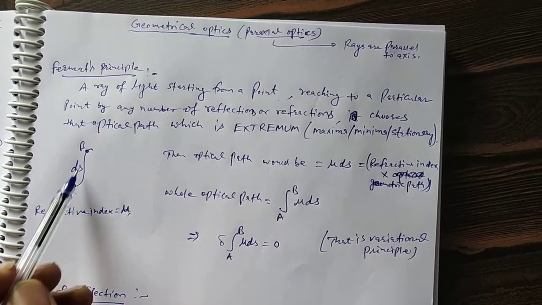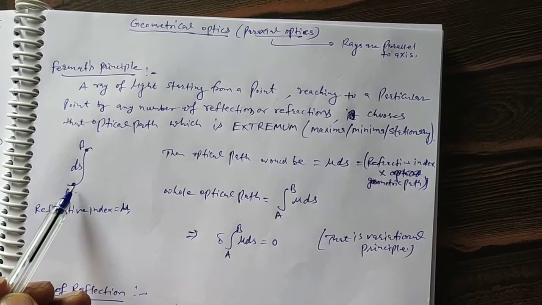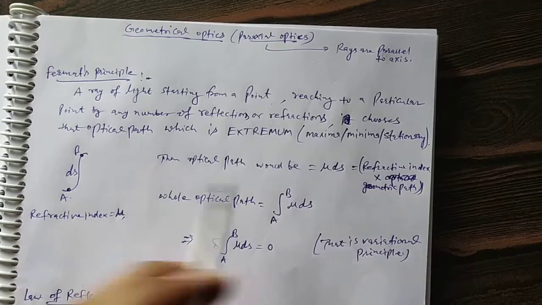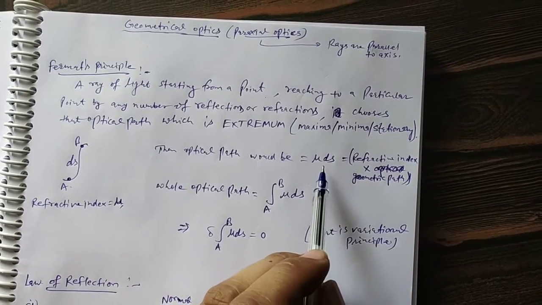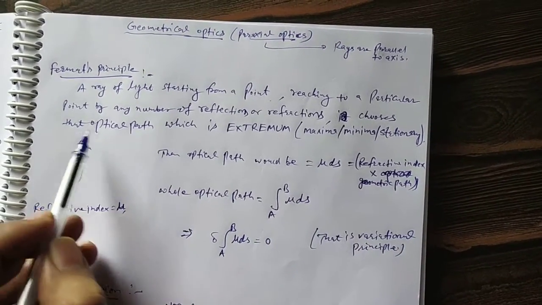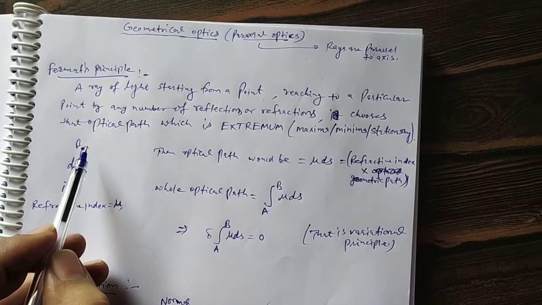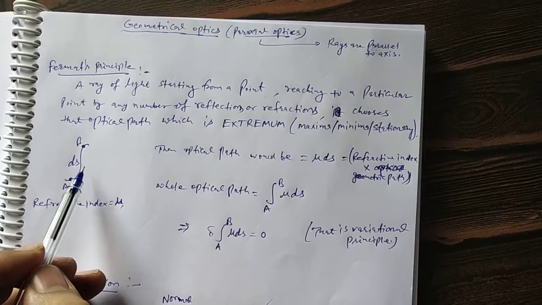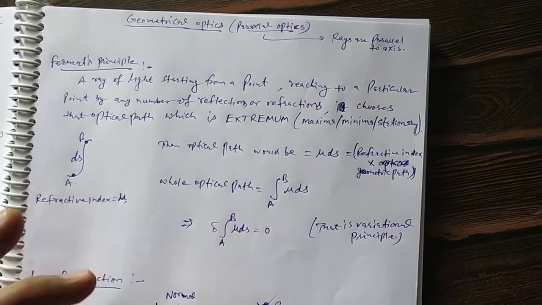So if we discuss this, then the optical path is equal to the integral of mu ds, where mu is the refractive index of the medium in which the wave propagates, and ds is the displacement.